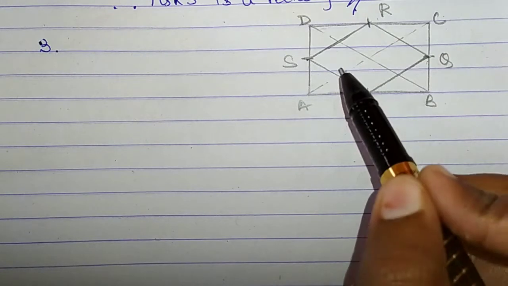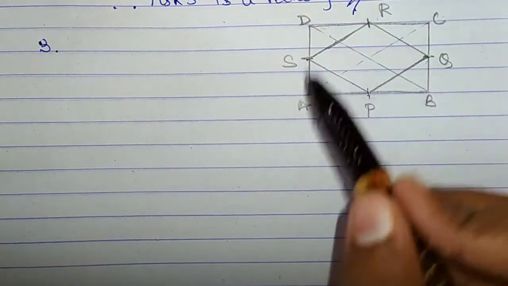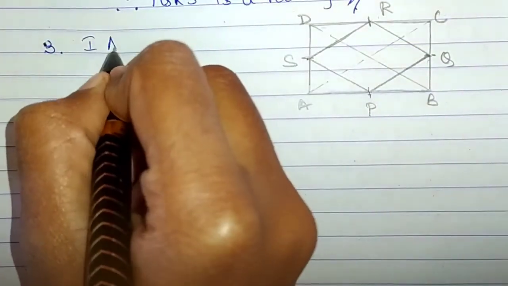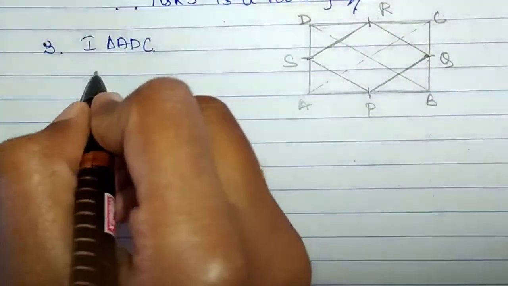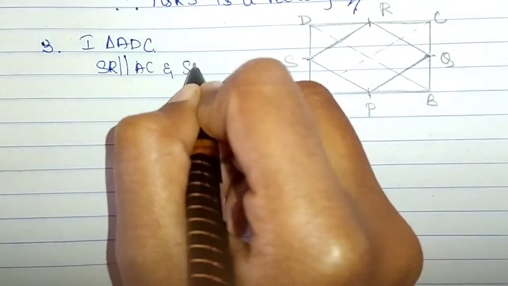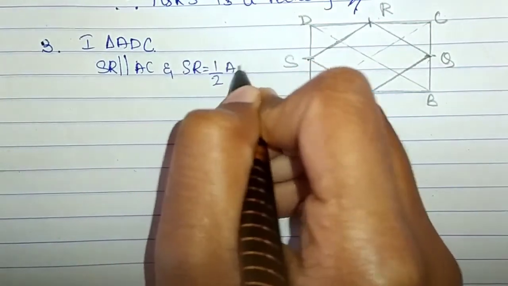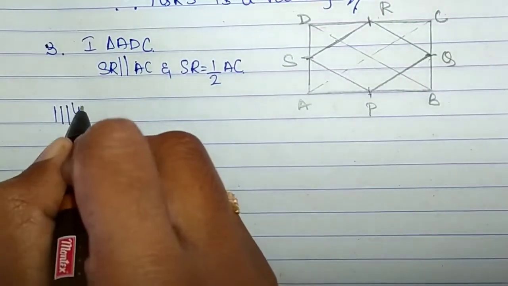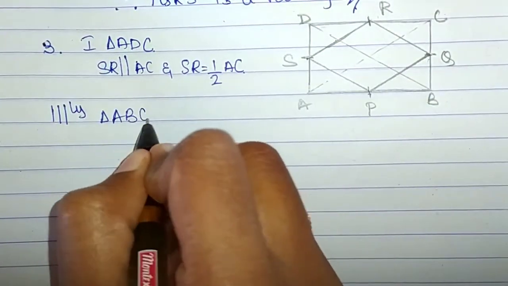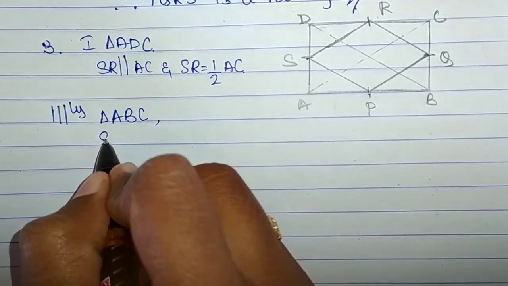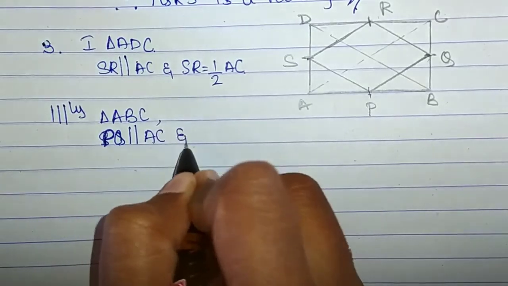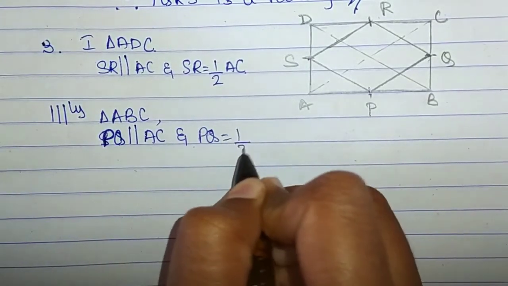To prove that, we need to prove that the sides are parallel and also all the sides are equal to one another. To do that, first in triangle ADC, we have SR parallel to AC and SR is equal to half of AC. Similarly, in triangle ABC, we have PQ parallel to AC and PQ is equal to half of AC.